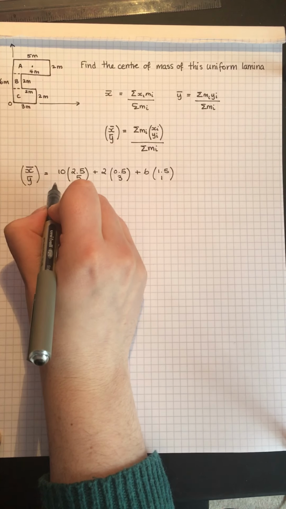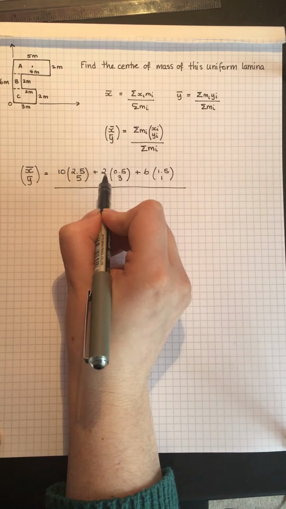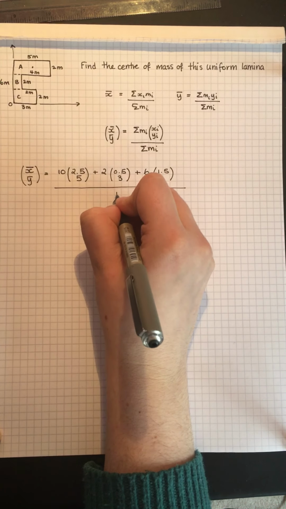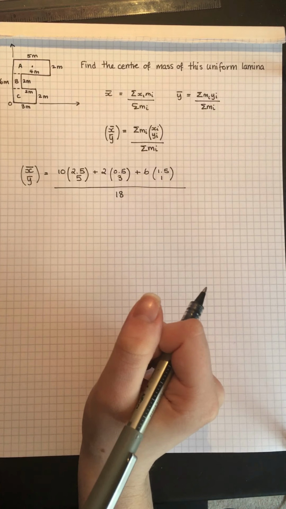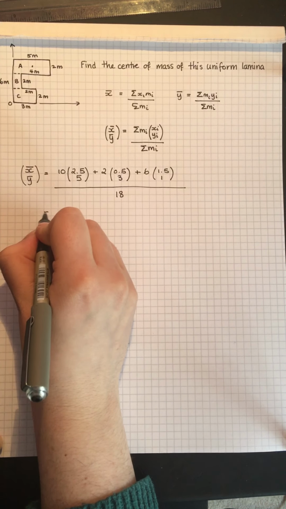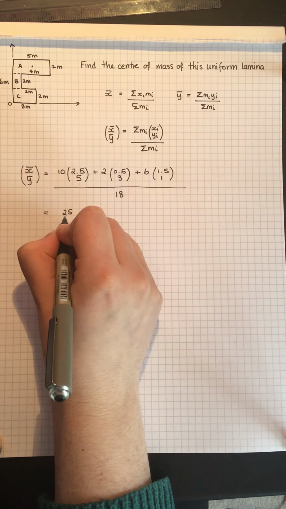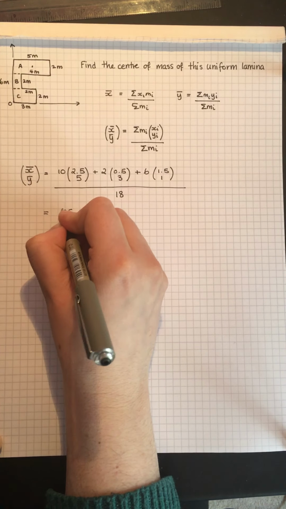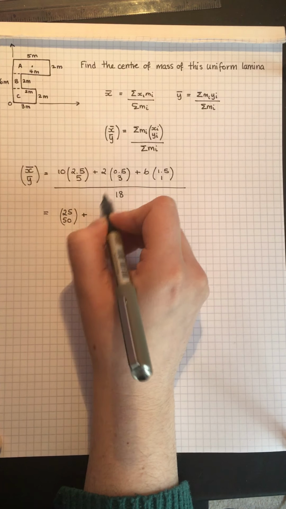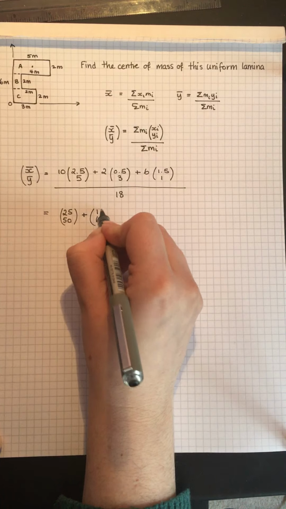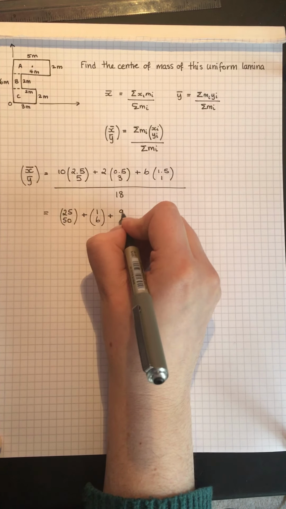So that's the top there, and then this whole thing is going to be divided by the total mass, which is 10 plus 2 plus 6, so 18. Okay, and then we just need to work that through. We've got 25, 50, then 1, 6, then 9, 6.